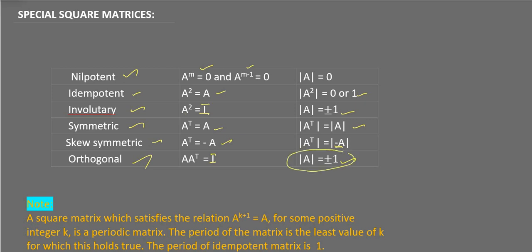So for an orthogonal matrix and an involutory matrix, the determinant value will be plus or minus 1.